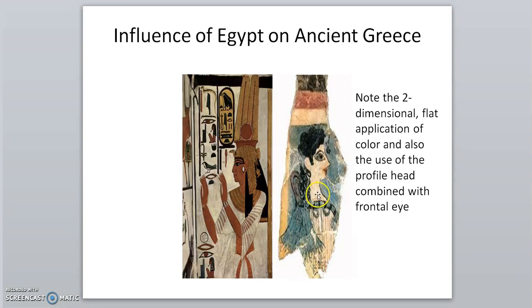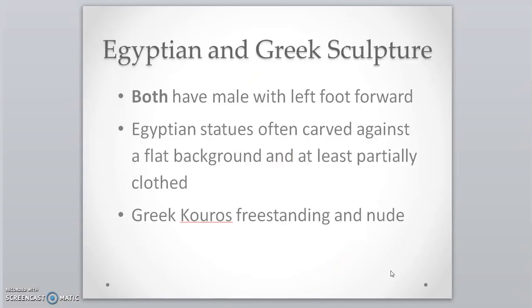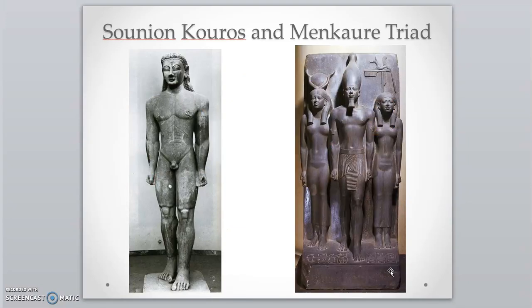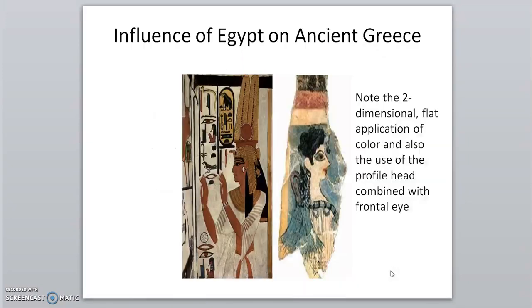And when you look at some of the early drawings or representations of the human figure in ancient Greece, again, the profile head and the frontal eye, giving prominence or emphasis to that eye being frontal with a flat two-dimensional representation of the human being as far as the general body and so on. So some interesting things that certainly evidence that early Greek culture borrowed very heavily from the Egyptian model that was there before.